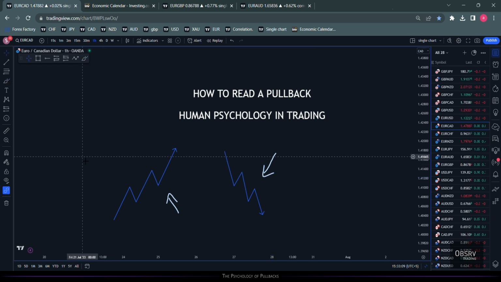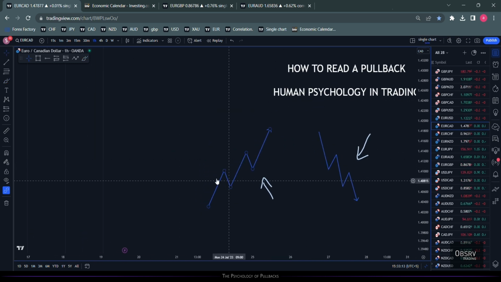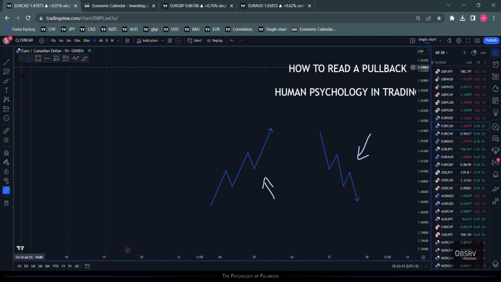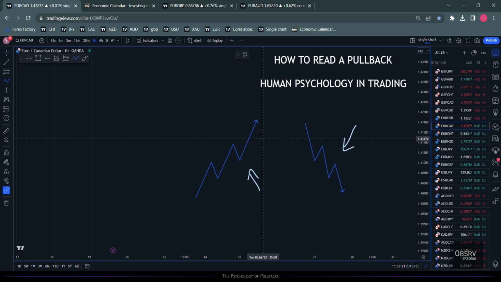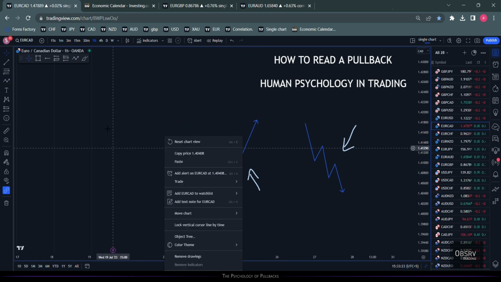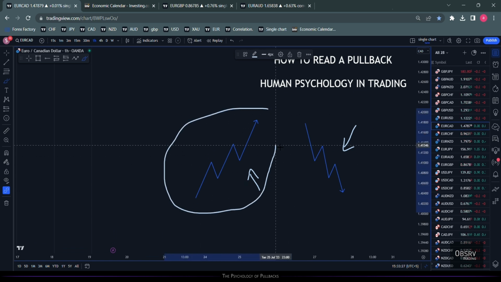Okay, so let's discuss the uptrend first, right? So let's suppose that this is a 60-minute chart. This is how the price is looking on a 60-minute chart.